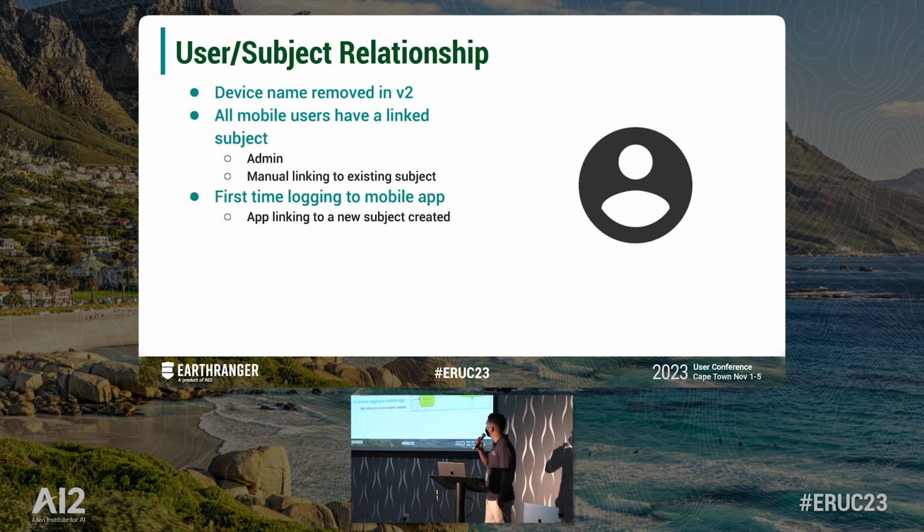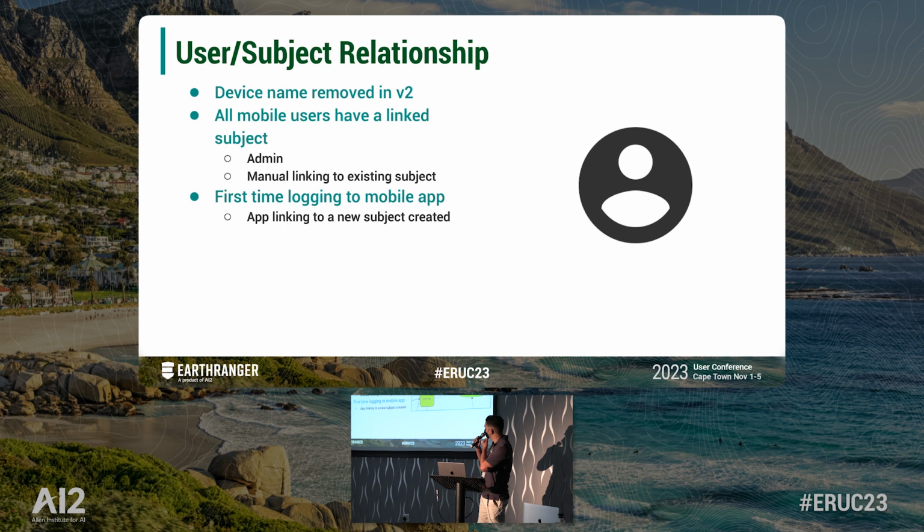Part of the things that are important to understand on version 2 of the app is how mobile users are linked to a subject, since it's part of the important things that you need to track. So there are two ways of linking a subject to a user. One is the admin way, in which you can access the admin of EarthRanger and link a specific subject to a user manually.